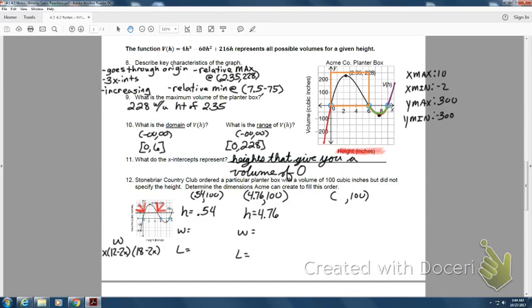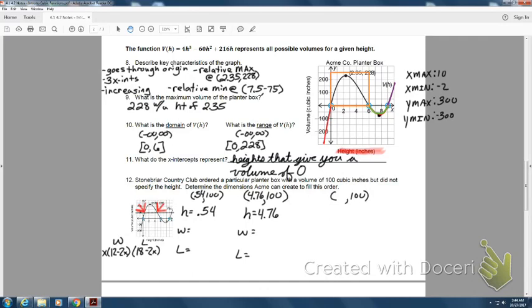So, to find my width, I can take my height and put it in for that x. I can put 0.54 in this part of the equation, 12 minus 2 times 0.54, to get my width. And then I can put 0.54 in for the x of that part of the equation to get the length. And then I would do the same thing with 4.76 to get the width and length of that planar box.